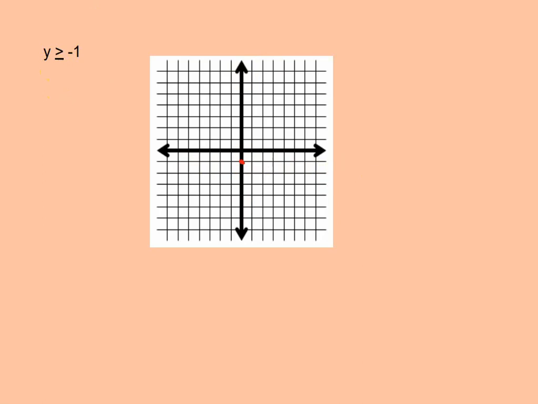This time, because it's greater than or equal to, we're going to draw a solid line going through y at -1. And since it's greater than or equal to, the numbers that are greater than are going to be above the line. So let's shade above the line.